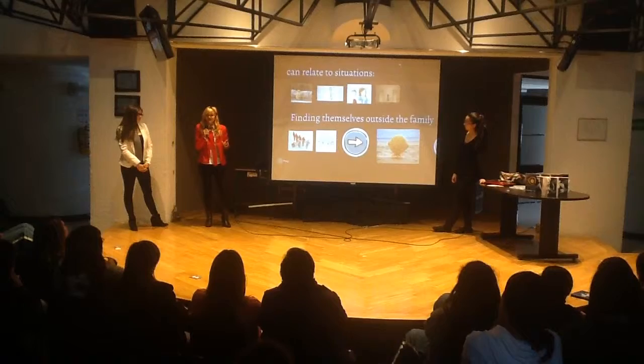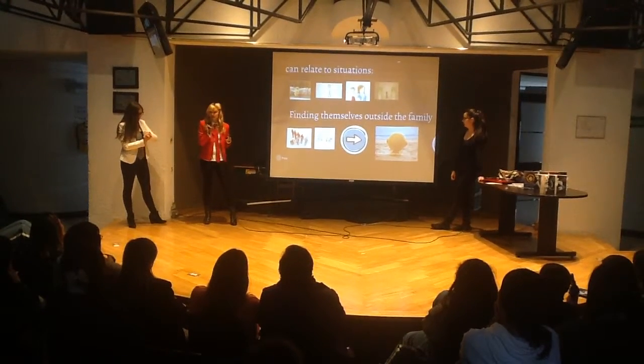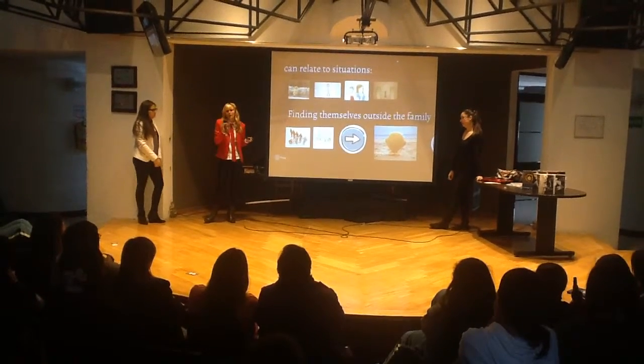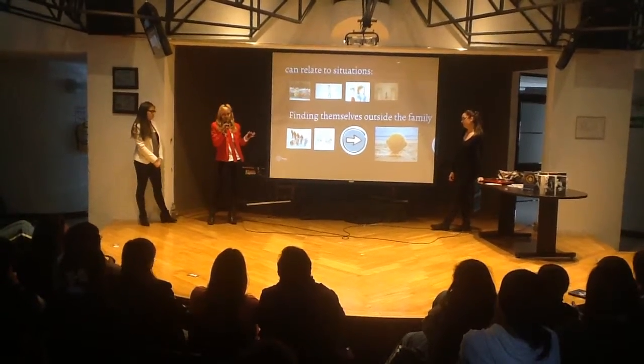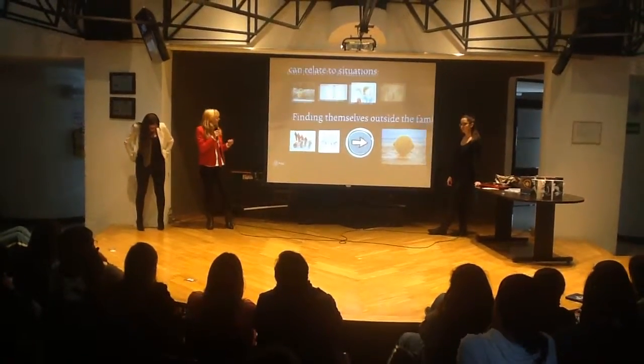A teenager, psychologically, is defined as a person who is finding him or herself outside of the family. This means that her parents, his parents, are no longer going to be the ultimate control figure. They are going to try to go out to the world and find their own.